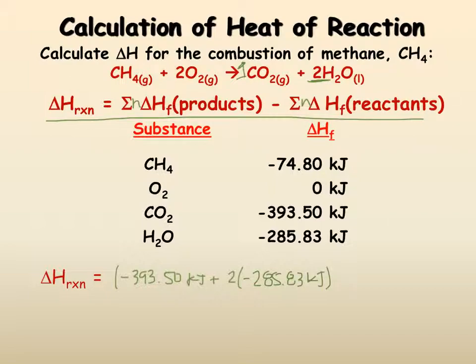Okay, and you combine that together, and then on the other side, you are going to subtract the sum of whatever your reactants are. Okay, in this case, we're going to subtract. We have methane, which is negative 74.8. Okay, and then oxygen, since it's elemental, heat of formation is 0. So then that's the only number we actually have to subtract.